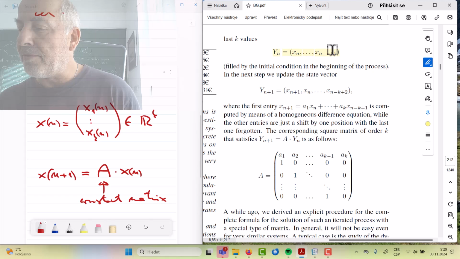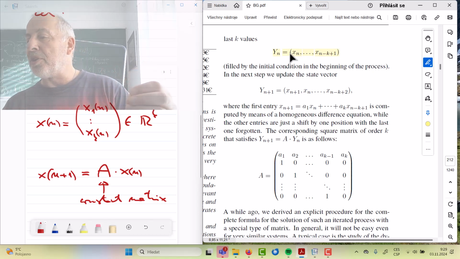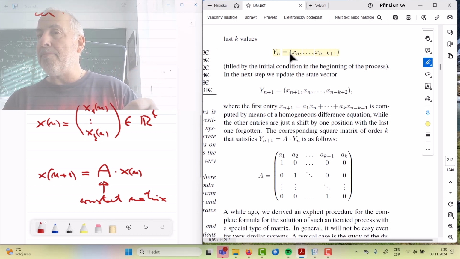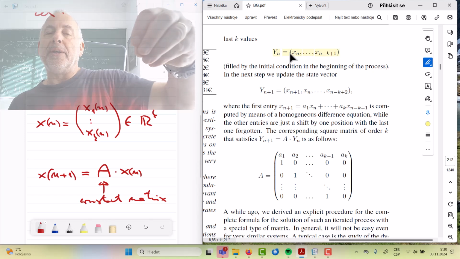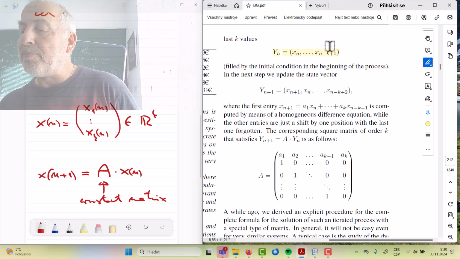a vector yn, which was of this kind, and we sort of remember the k values, right? So the values of xn, the k previous ones, that's the k values we need, and then we compute the y_{n+1}, which is just remembering all but the very last one and providing the new one.